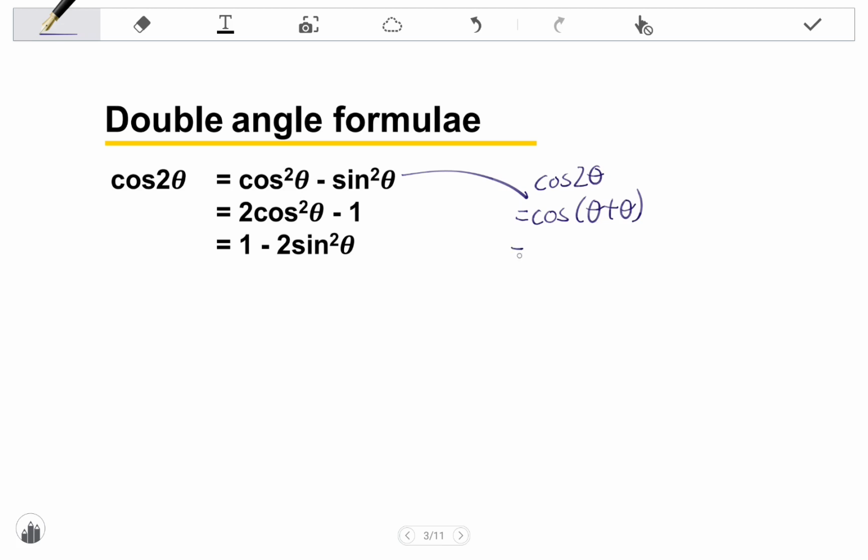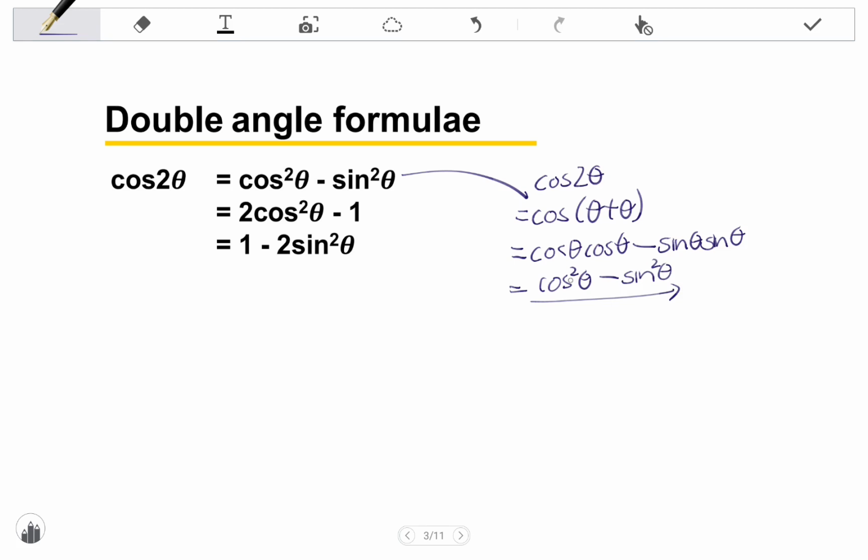And we know that a cos compound angle expands as cos theta cos theta, and then we change the sign from plus to a minus, and then we have sine theta sine theta. Now this simplifies to cos theta times cos theta is cos theta all squared, minus sine theta times sine theta is sine theta all squared, which gives us our first option there.